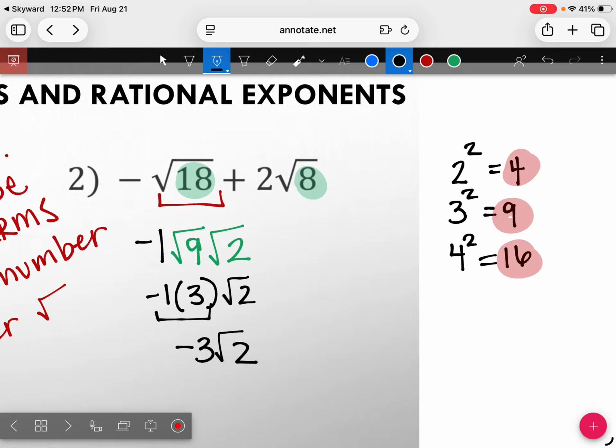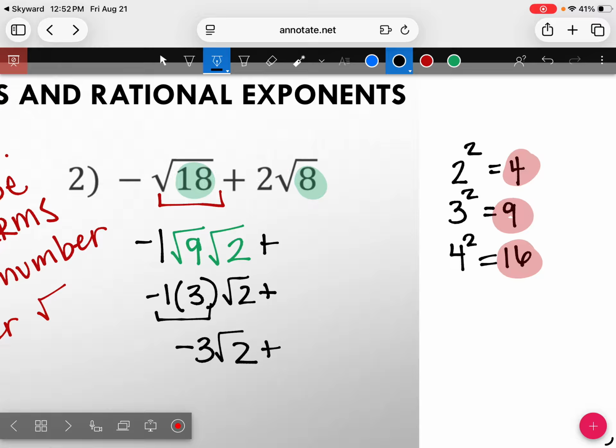All right, so now let's bring down this addition sign and do the same thing with the 8. Can I divide 8 by 4? How many times does 4 divide into 8? Or 4 times what gives me 8? 2. So this 2 that's right here, that's still there. I'm just going to bring that down.